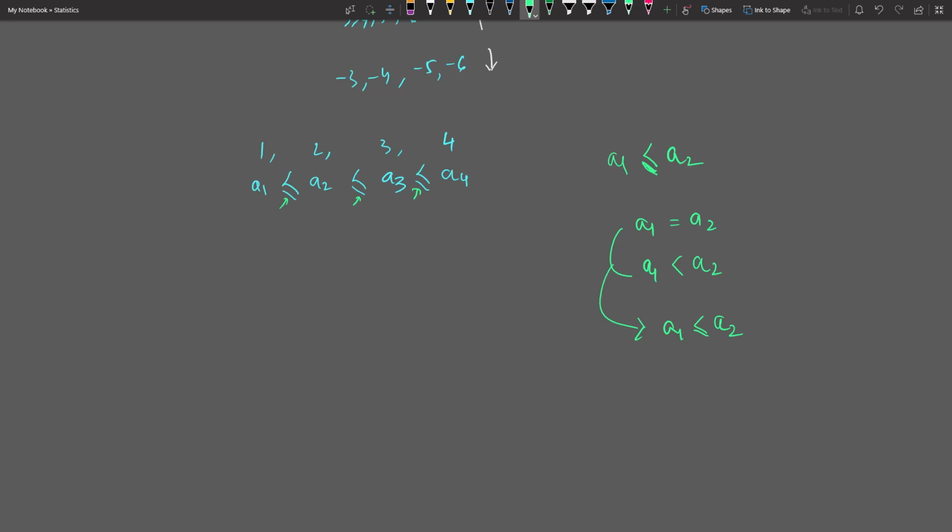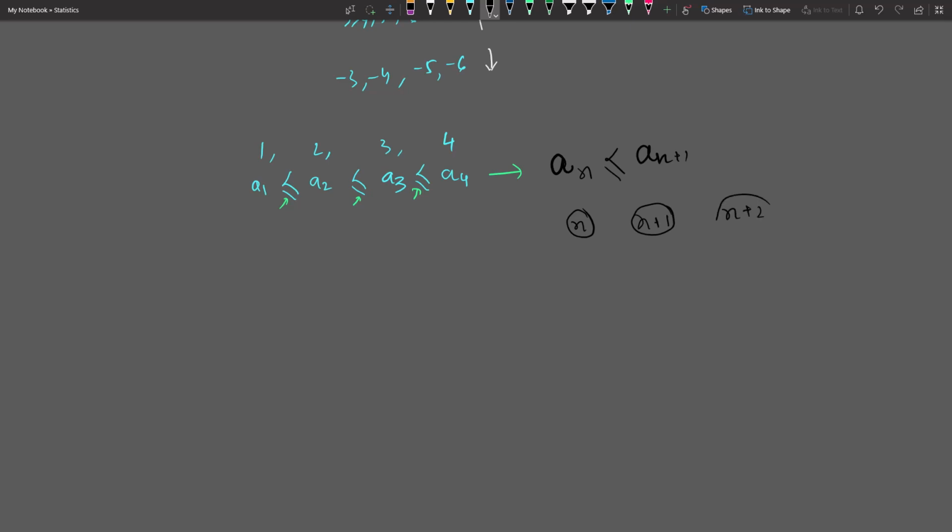So combining this we can write it. If I write this using notation, a_n is less than or equal to a_(n+1). n is the first one, n+1 will be the second one and n+2 will be the third one.